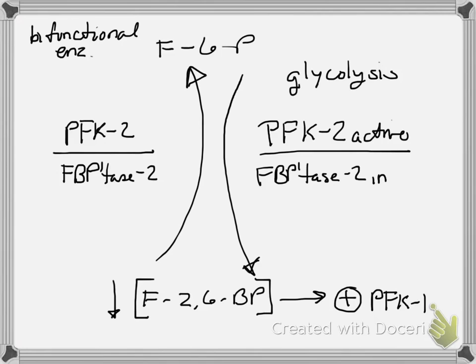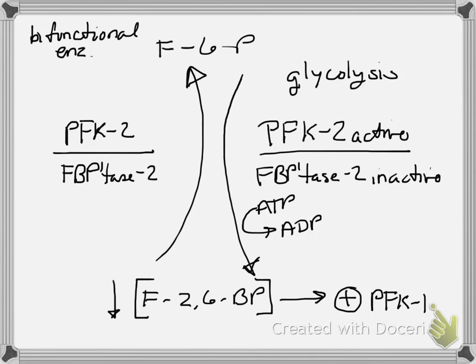And this, in glycolysis, is inactive, so that the kinase activity is active, and we are converting fructose 6-phosphate into fructose 2,6-bisphosphate using ATP as the substrate for the high energy bond.